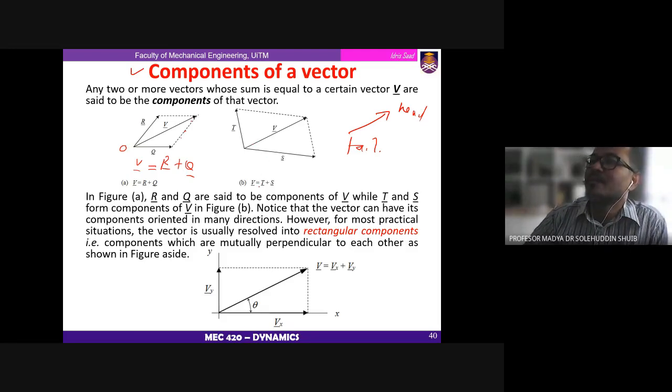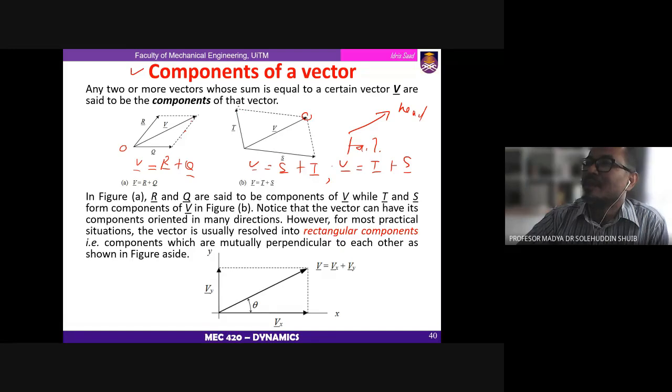How about this one? V equals this V. So use a parallelogram. To go to here, we can add S, V equals S plus T. Or we can see V equals T plus S. So you can see this is tail, this is head.